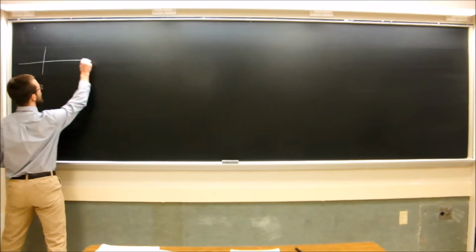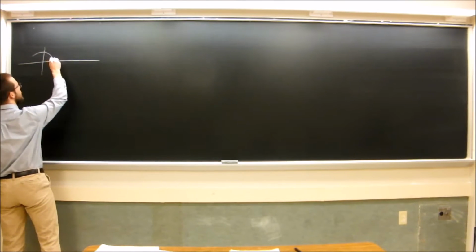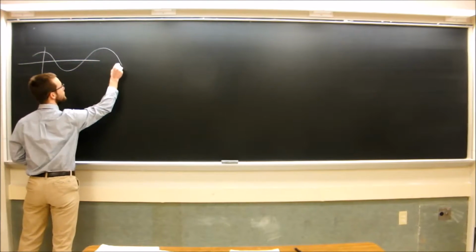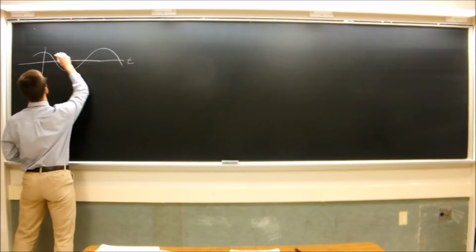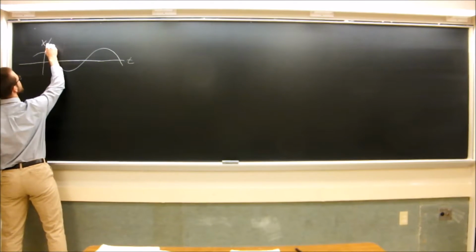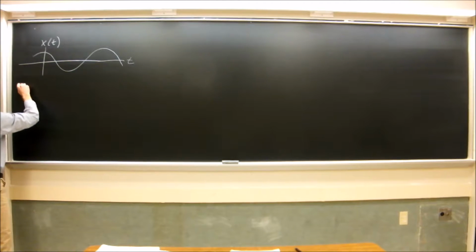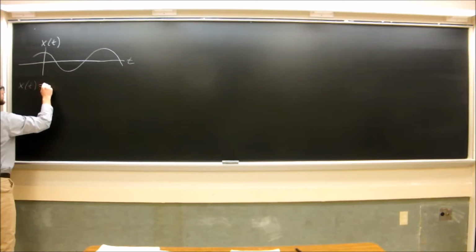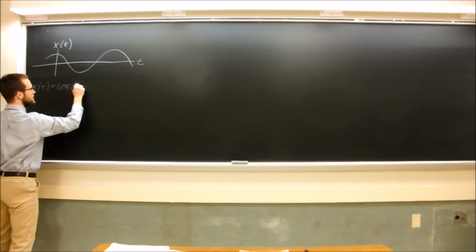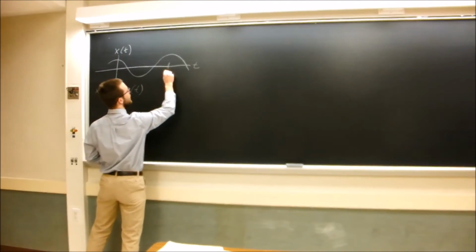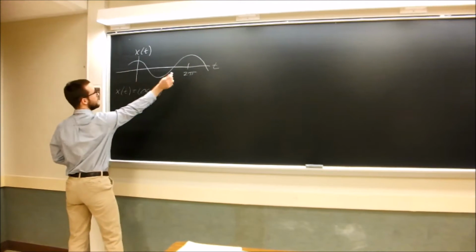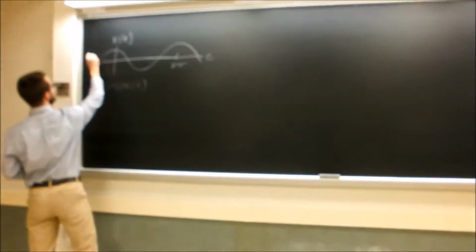First, if we have a continuous time signal, in this case x of t equals cosine of t, then we have values at every point in time, and this continues.